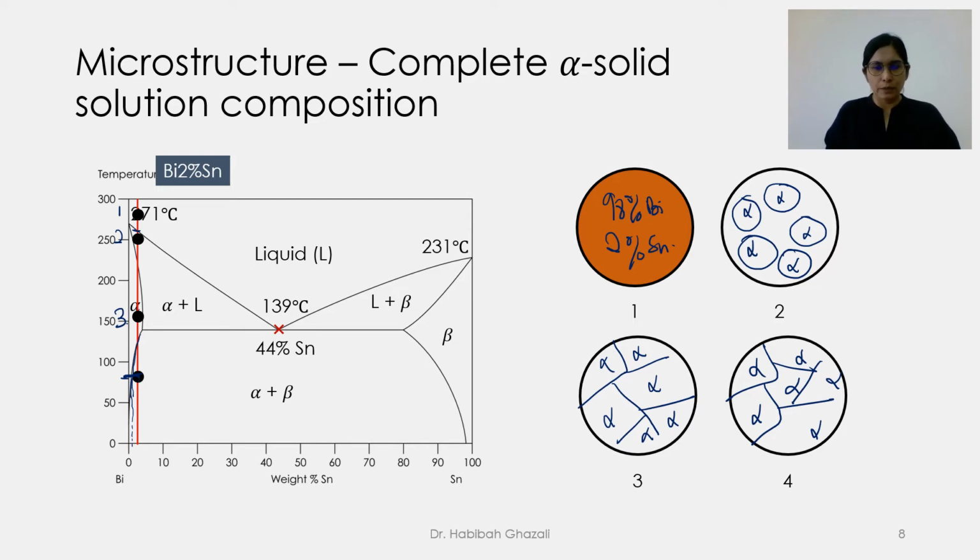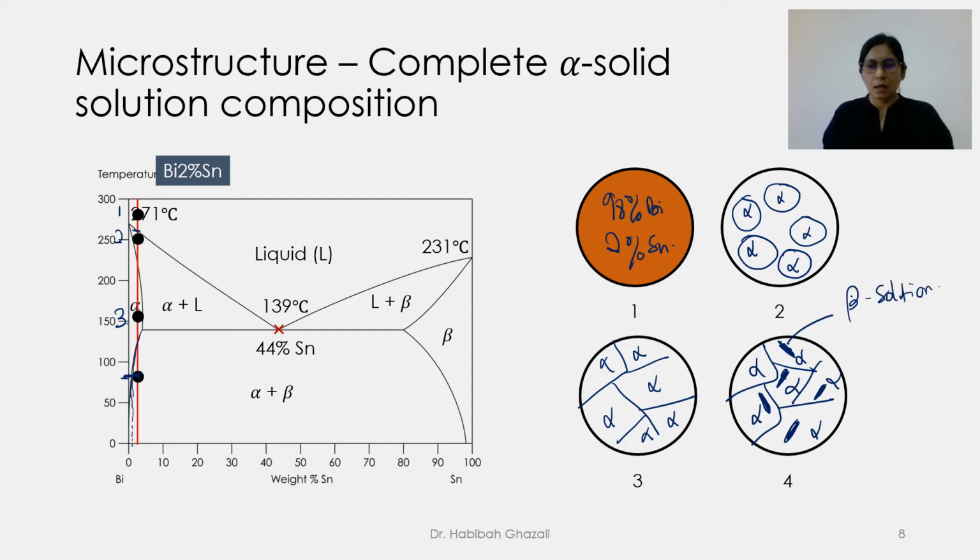So what happens with the rest? The rest will precipitate out of alpha solid solution. It will create beta solid solution precipitates in the matrix of alpha solid solution. So this will be beta solid solution.